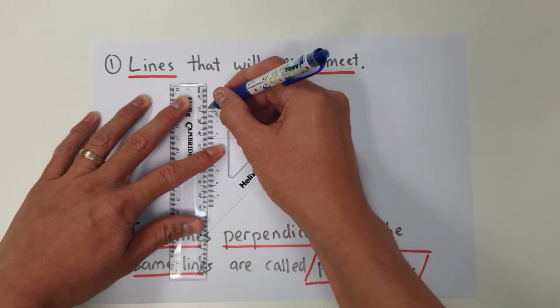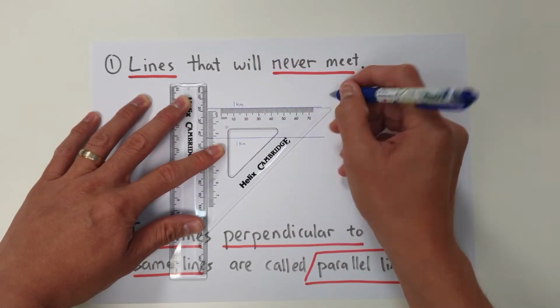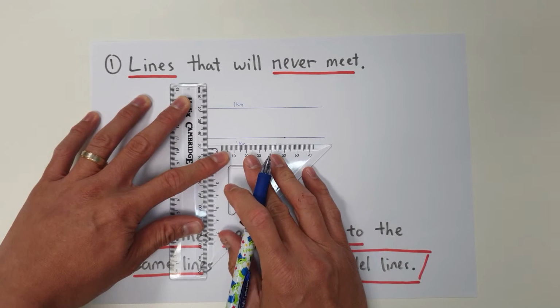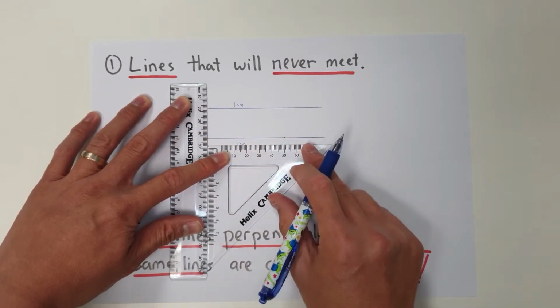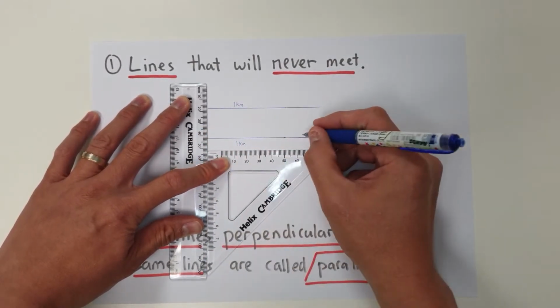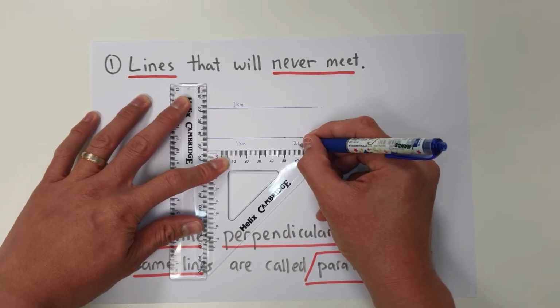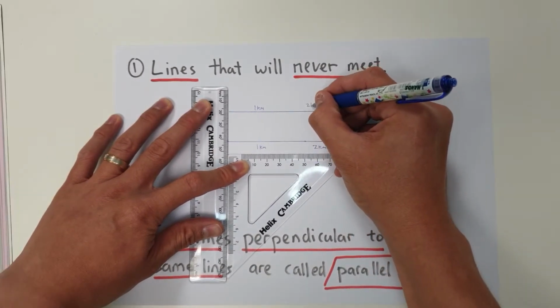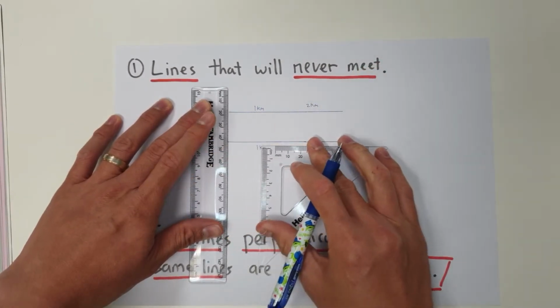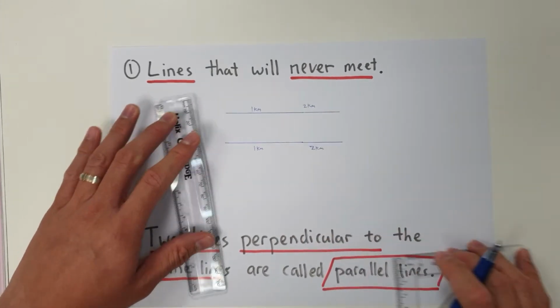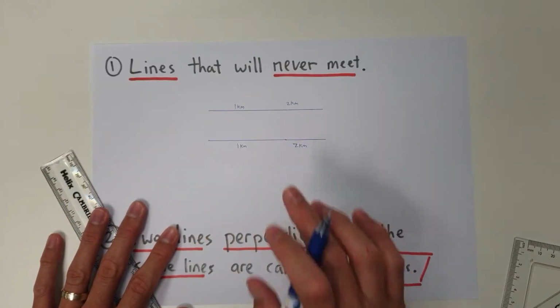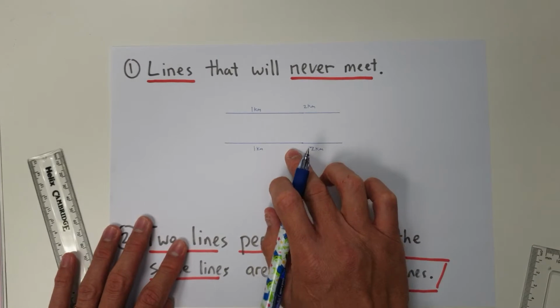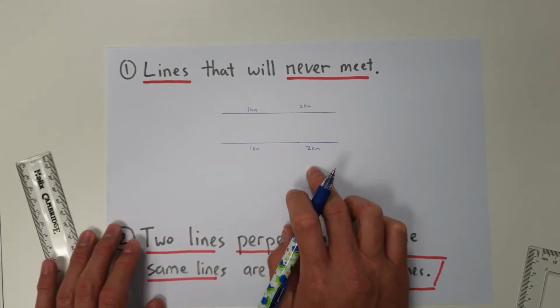And why is that so? It's because it is parallel. Okay, so this is 1 kilometer, and let's say this is 2 kilometers. And if you were to keep extending further and further away, we'll notice that the lines will never meet. So this is the first definition of parallel lines.